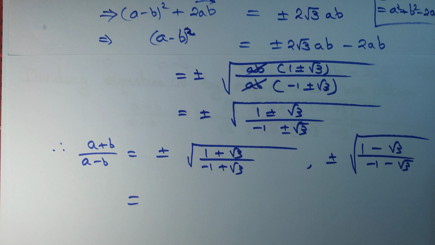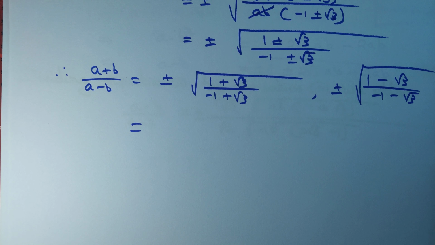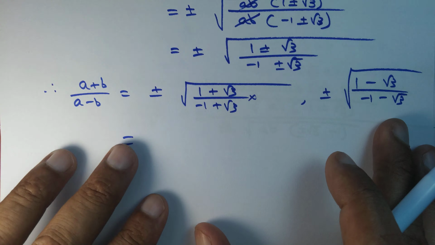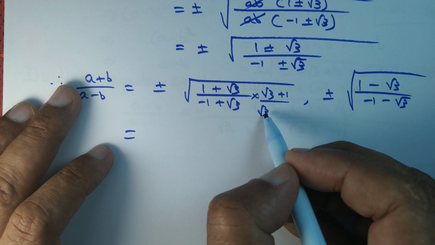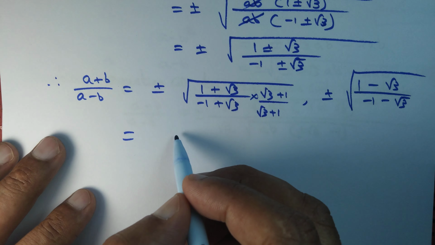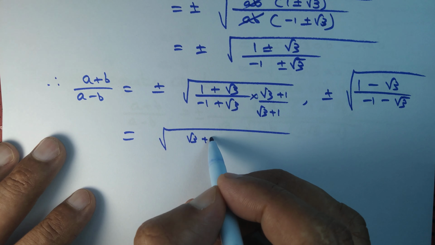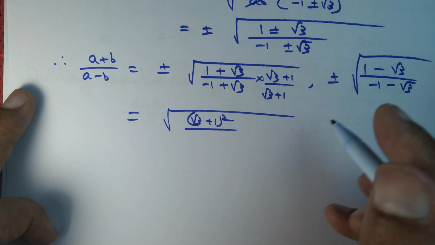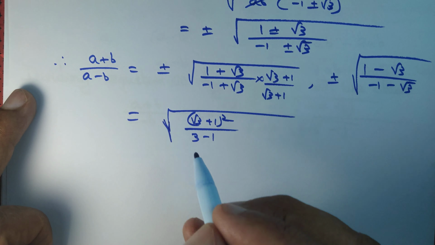Can we simplify those expressions? Yes, we simply rationalize the denominator. So we multiply by root 3 plus 1, numerator and denominator, but inside the square root. So (root 3 plus 1) whole squared divided by root 3 squared minus 1 squared, that's simply equal to 3 minus 1, but inside the square root.